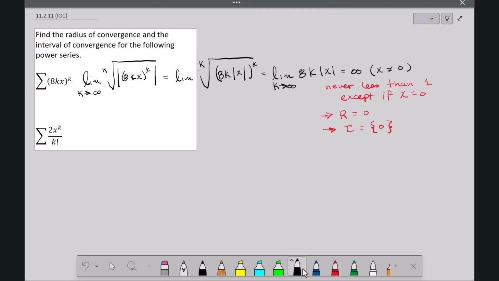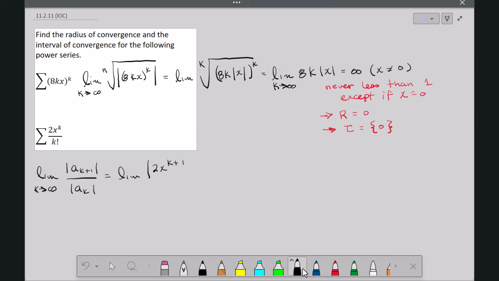Now, if we look at the second one, we are going to take the limit as k goes to infinity of the ratio of consecutive terms, and we are going to use absolute values. So that is the ratio of consecutive terms. So let's form 2x to the k plus 1.